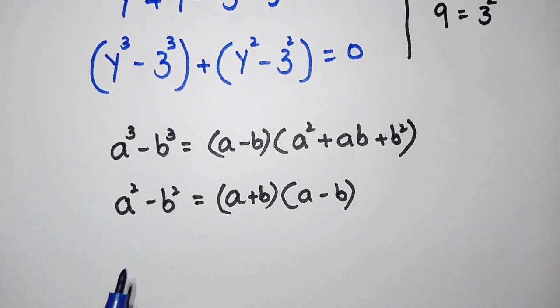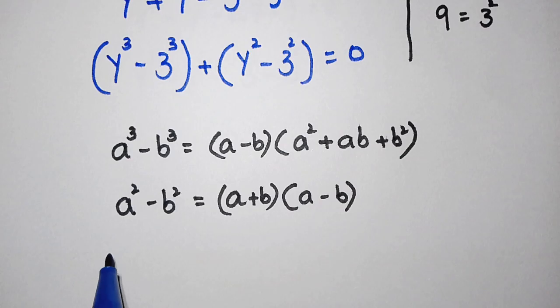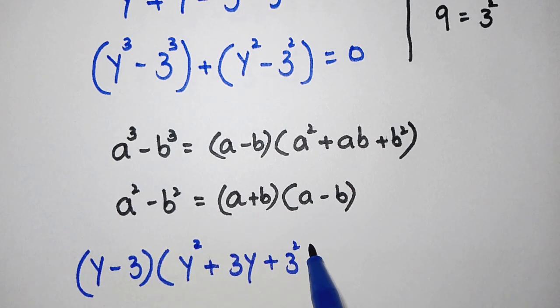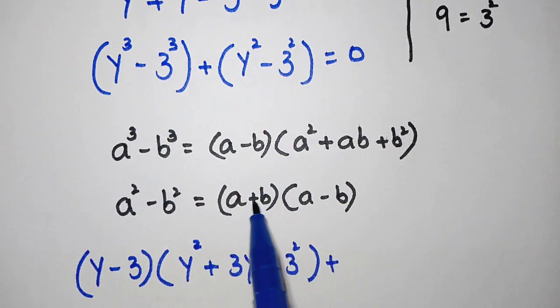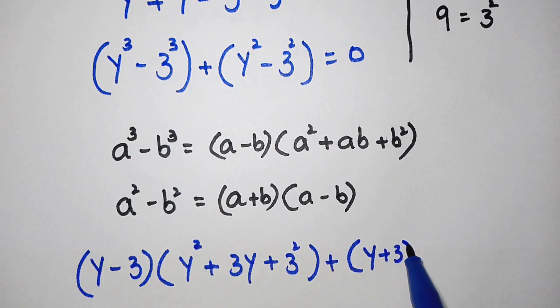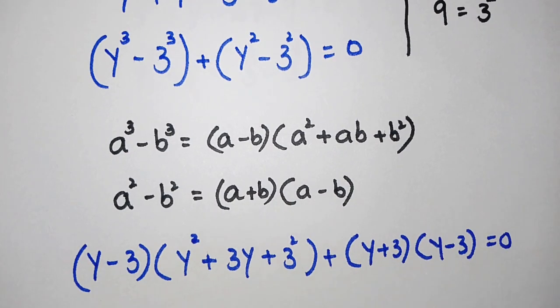So to apply this identity, this will become (y minus 3) times (y square plus 3y plus 3 square) plus, for this we have to use this identity, so this will become (y plus 3) times (y minus 3), which is equal to 0.